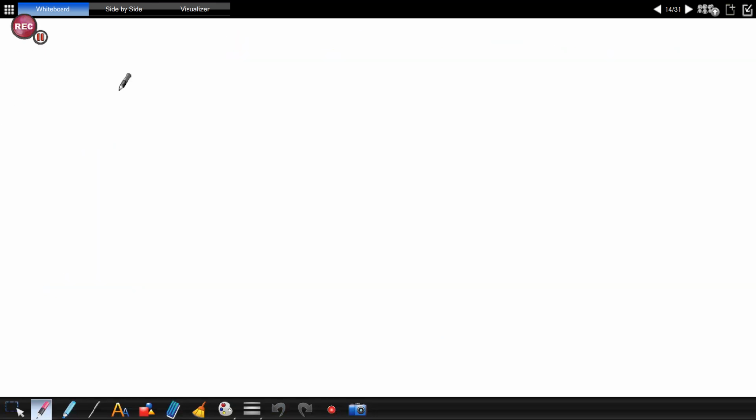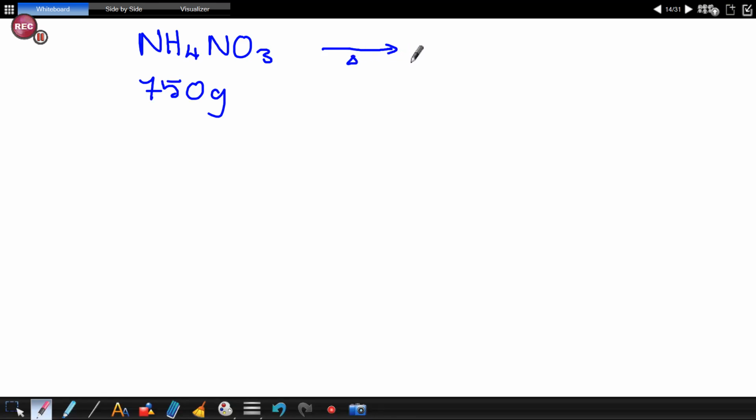Right. This one is now tricky. Ammonium nitrate is used as an explosive in the mining industry, and they say 750 grams of ammonium nitrate is decomposed thermally, or they send a spark through it and it will ignite, and it produces nitrogen, water vapor and oxygen.